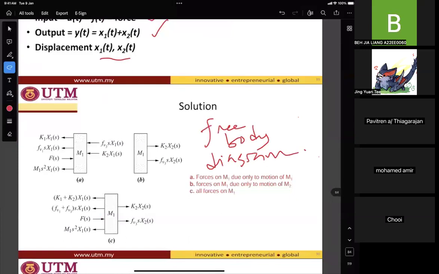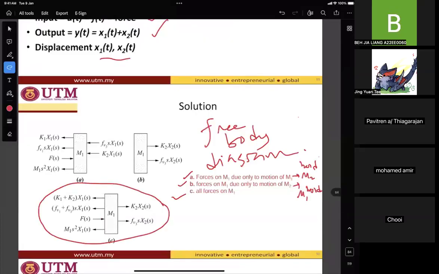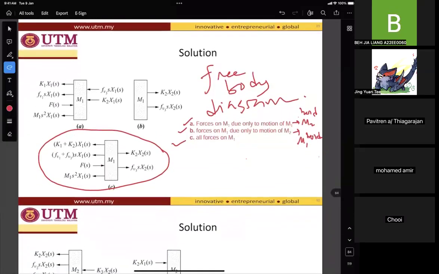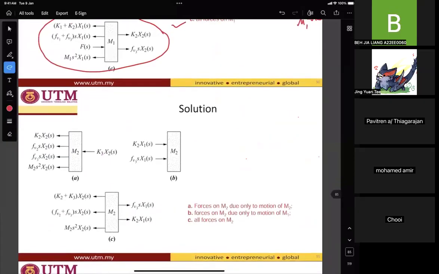So this is the way I did: force on M1 due only to the motion of M1, force on M1 due only to the motion of M2, and all forces. So in this case, M2 held. In this case, M1 held. Okay. So with that, you can get the total force on M1, similar to M2 as well.